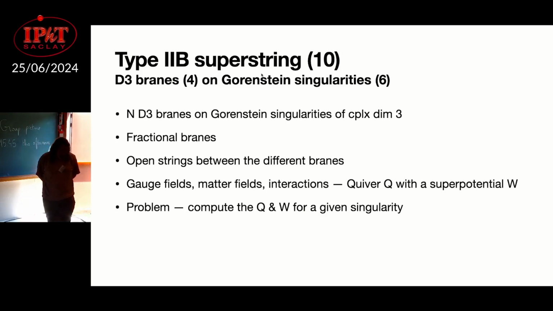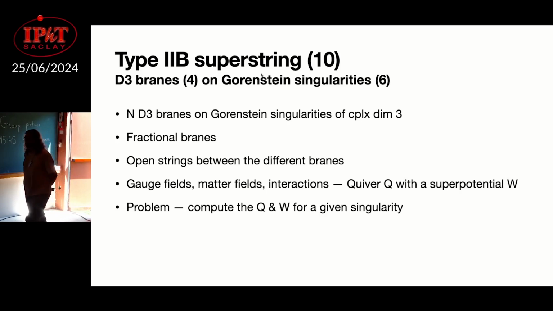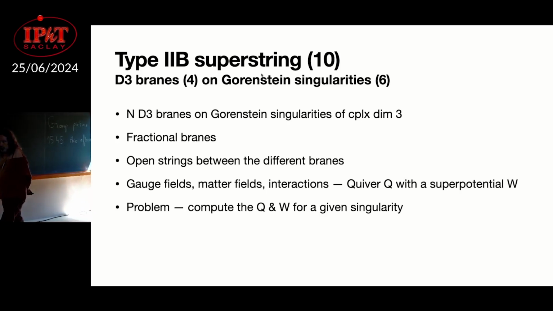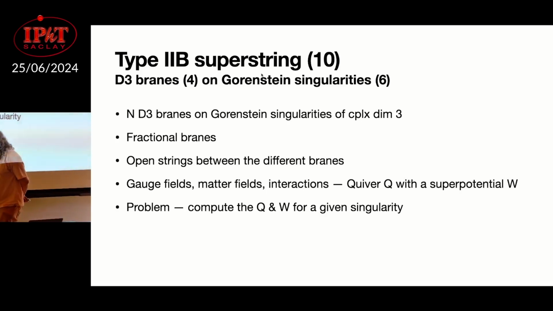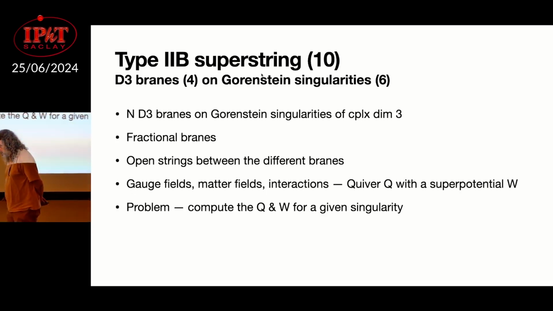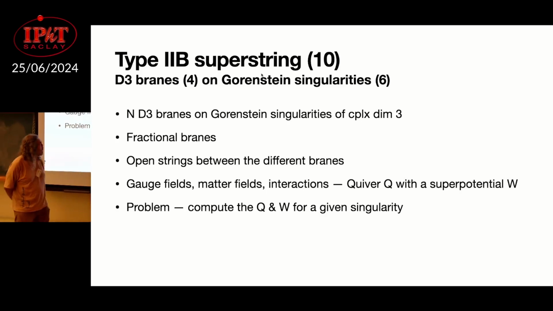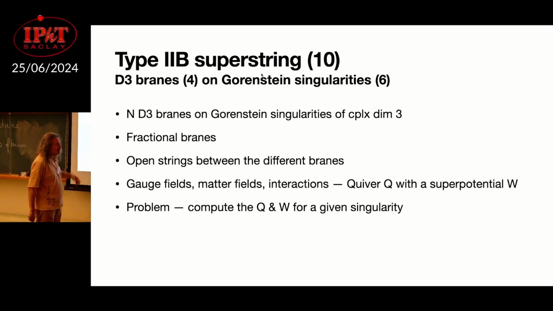So that's a simple way of thinking about Gorenstein singularity. The name itself is technical, but if we are physicists, it's sufficient to think about orbifolds of C3. Okay, so then because it's a singular space, we encounter this phenomenon that the branes start dividing.